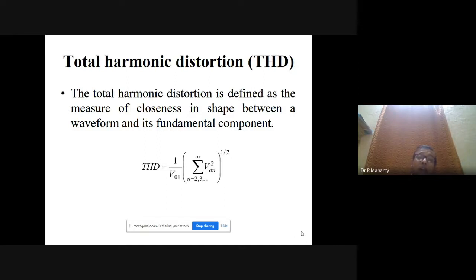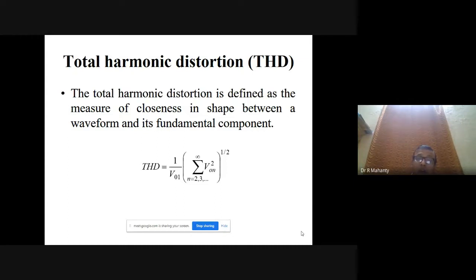Now, in most cases, you will find that the even harmonics are not present. It will be the odd harmonics, so n is equal to 1, 3, 5, like that. For the three-phase case, the first harmonic will be the fifth harmonic, so it will be 1, 5, 7, like that. So this is the definition of total harmonic distortion.